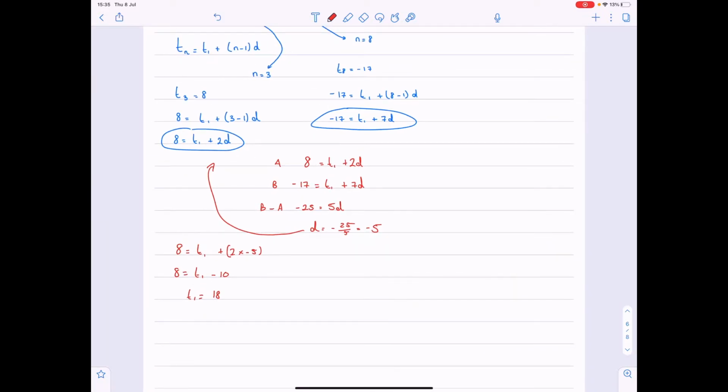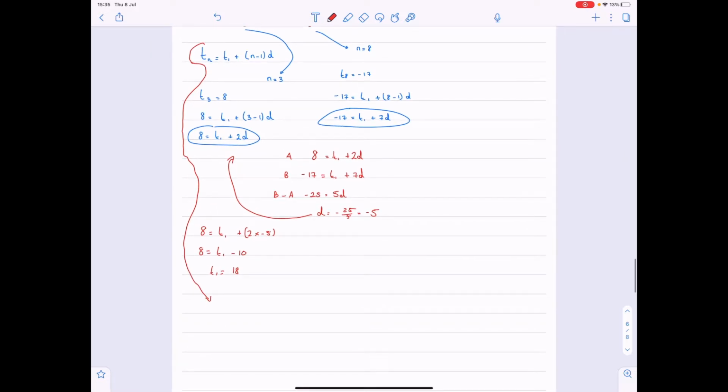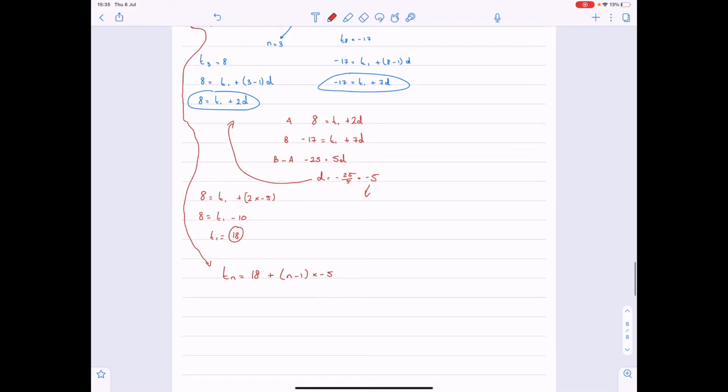So when we put this back in our original equation, we have Tn equals T1, which we found is 18, plus n minus 1 times minus 5, since we've worked out d is minus 5. Now sometimes people like to write it out fully, so you could expand this. Tn is equal to 18 minus 5n plus 5, which is 23 minus 5n.